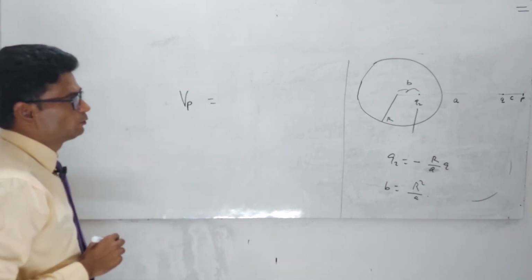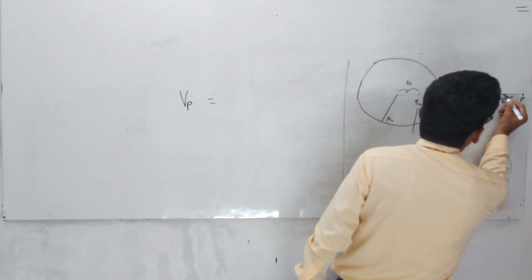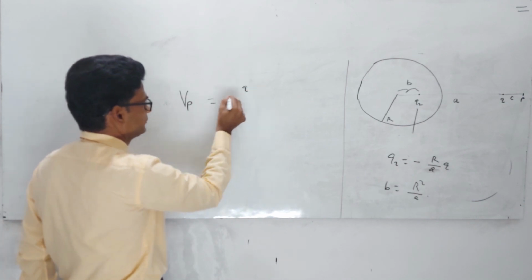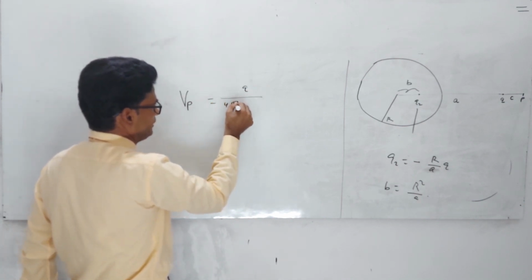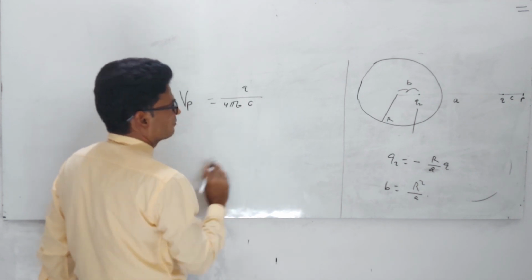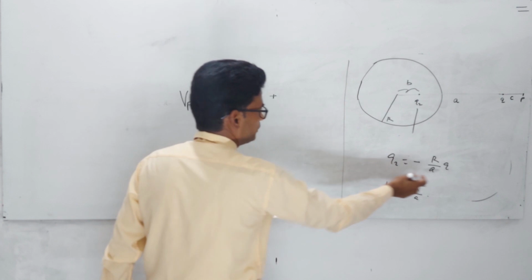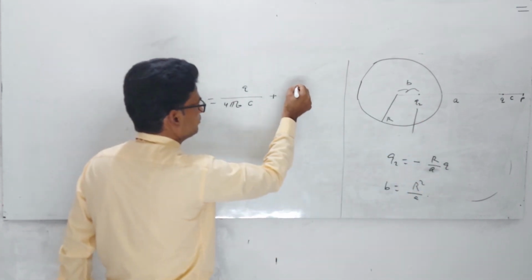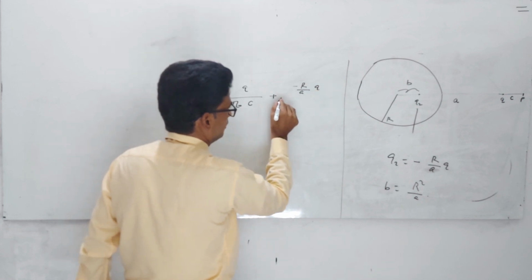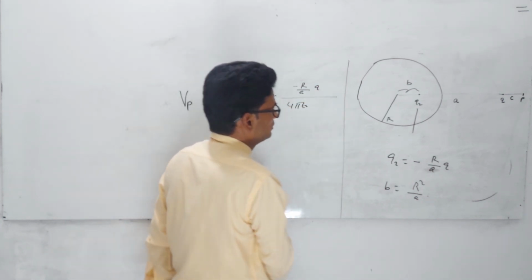So here Vp comes out to be, look at now. This distance is say C. So Q over 4 pi epsilon naught C plus Q2, which is minus R over A Q over 4 pi epsilon naught.